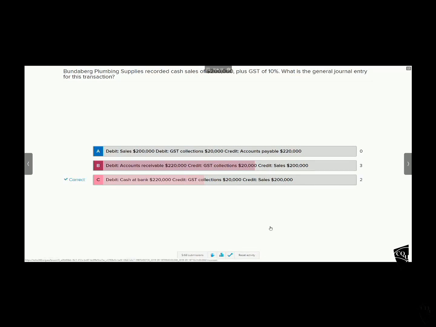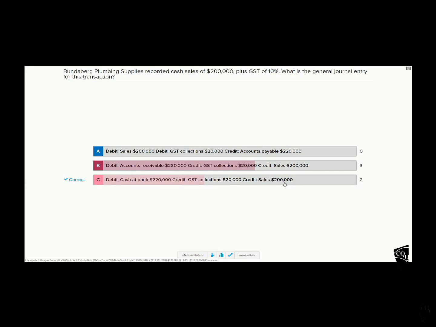The answer is C. So we're talking about a cash sale of $200,000 plus GST of 10%. Just as if it was a credit sale, then the accounts receivable would include GST. Well, similarly, with a cash sale, the amount of cash that's collected would include the 10% GST. And the credit is GST Collections 20,000 and sales of 200,000.